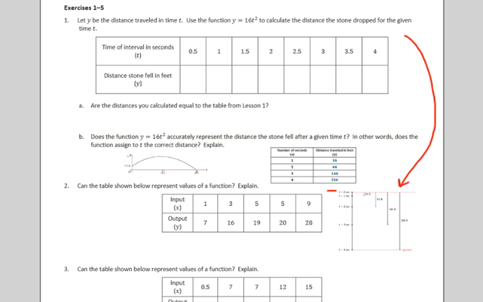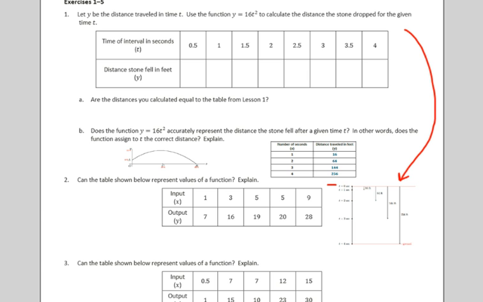To find the values for how far the stone fell, my function is y equals 16t squared. So I'm going to plug in 0.5 for t. So this is going to be 16 times 0.5 squared, which will give us 4. 16 times 1 squared, which is 16.